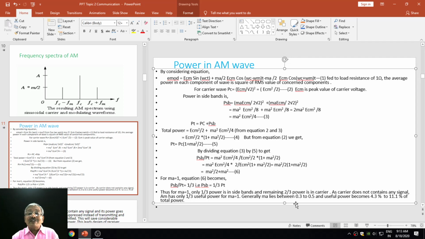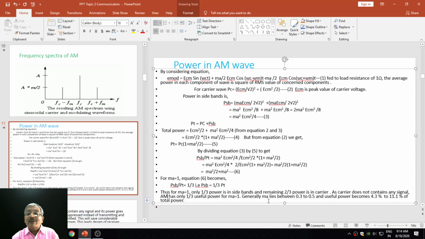The signal to be transmitted is present only in the upper sideband as well as in the lower sideband. As the carrier does not contain any signal, AM, the amplitude modulated wave, has 1/3 useful power for MA is equal to 1.